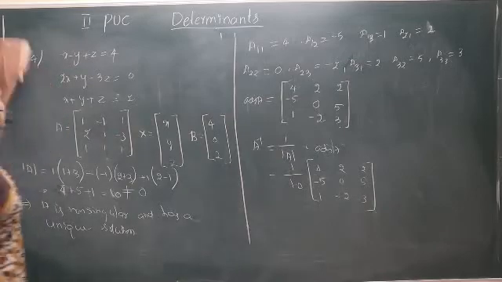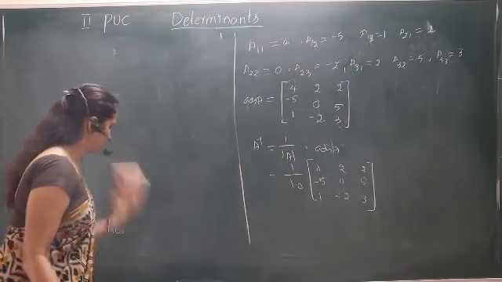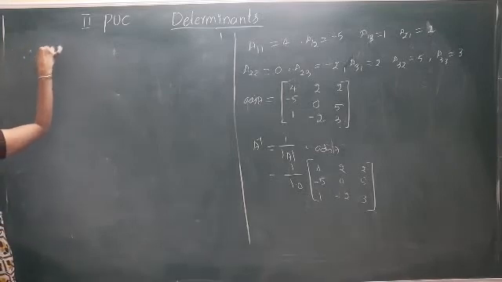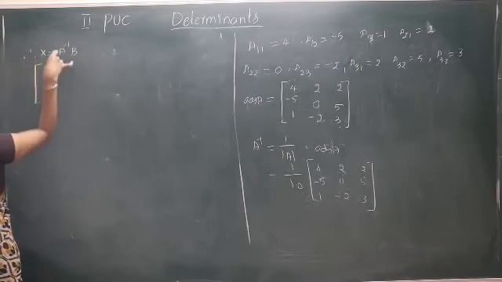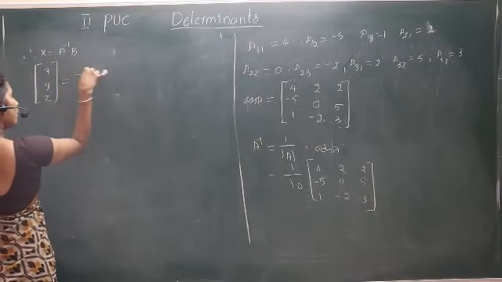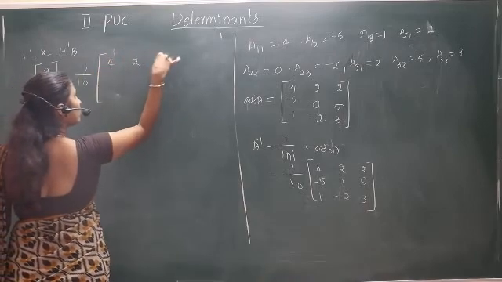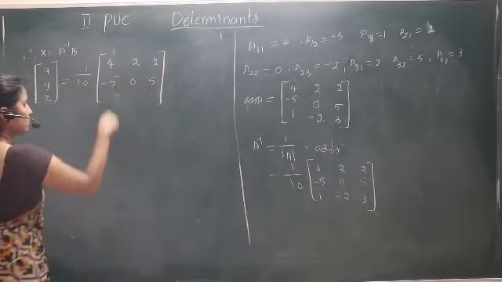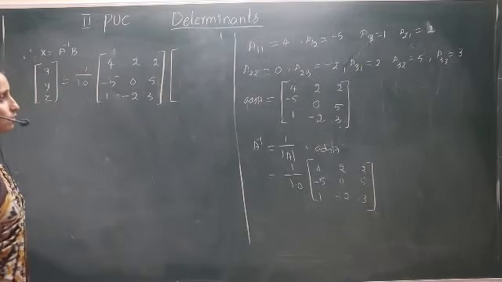Next, after finding A inverse, we have to find the X value. Therefore X is equal to A inverse B. X is now X, Y, Z, so this will be equal to 1 by 10 into 4 2 2, minus 5 0 5, 1 minus 2 3, into the matrix B. So what is matrix B?